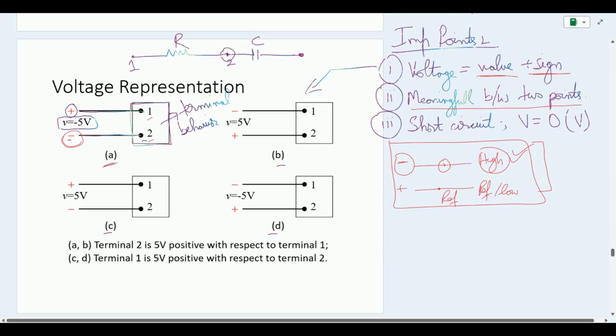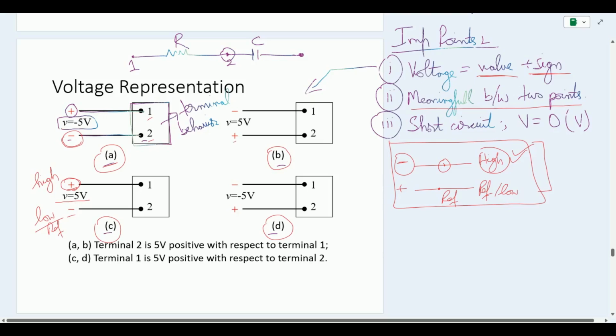Coming back to the first point and the remaining images, part B, C and D, let us compare A with C now. Again we can see that terminal 1 has a polarity of positive and terminal 2 has a polarity of negative, but now the value of voltage is 5 volt, which means that terminal 1 is now at a higher potential, it has more energy, and terminal 2 is at low potential, or it is our reference point. Similarly, we can go to B and compare D with B. Now the polarities have been changed.